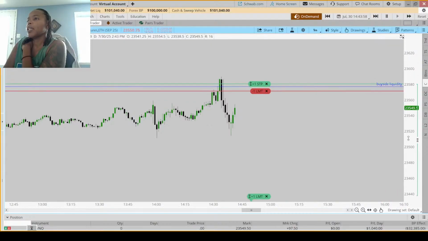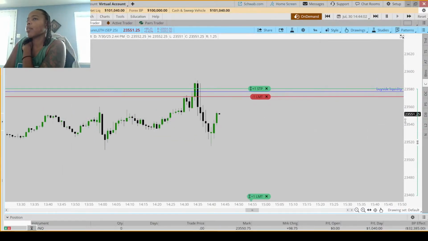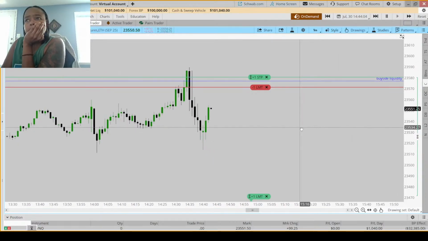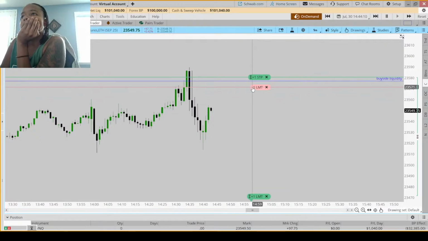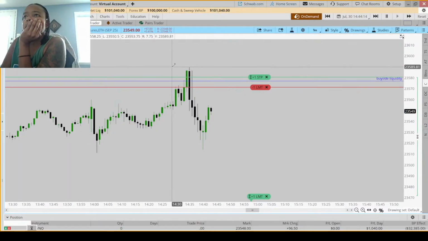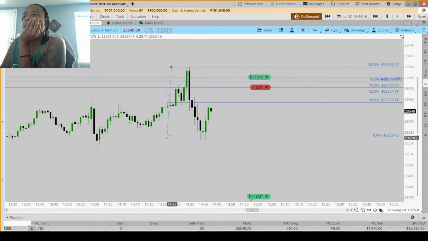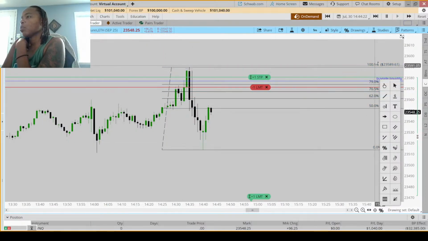So we did get a shift. Let's see if we get some sort of entry that works. Got this guy. That's gone up. If I were to put a fib on this, once I see a down close candle on that now, okay, we're at the 50%.